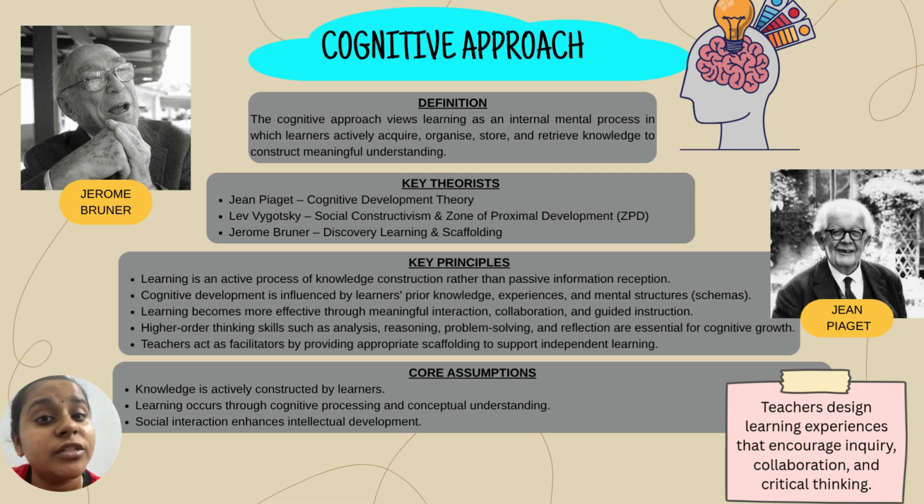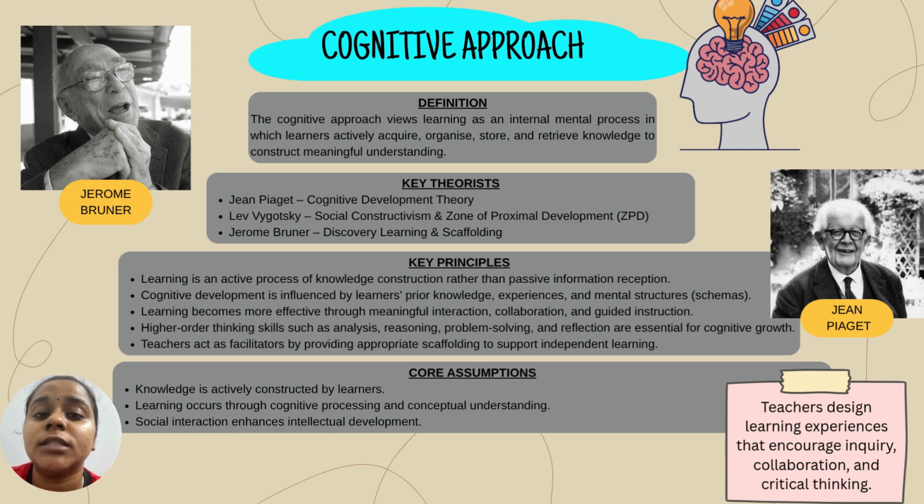The second theorist is Lev Vygotsky, who introduced the concept of social constructivism and the zone of proximal development, or ZPD. He believed that students learn more effectively through interaction with teachers and peers, especially when appropriate guidance is provided.